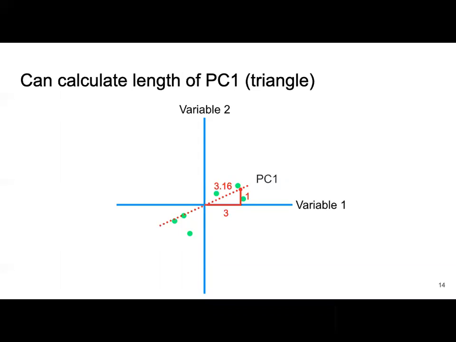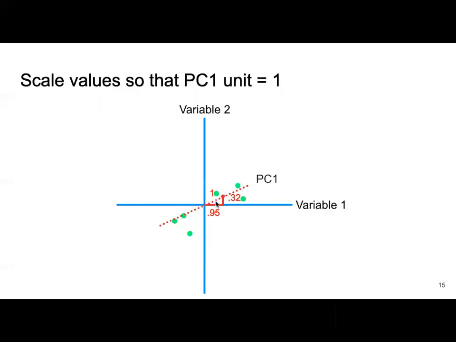In this example, it will give us a value of 3.16. In PCA analyses, though, we like to always use a standard unit of measurement. So instead of leaving this at 3.16, we scale it down so that we're looking at what a 1 unit vector on the line of the principal component looks like, and how that relates to these other 2 sides of the triangle.